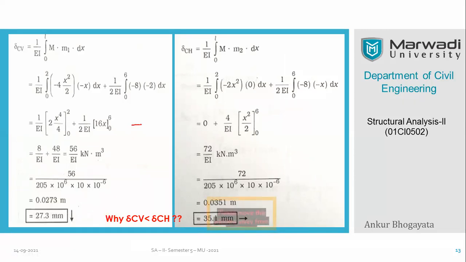You can see that segment C to B, having a length of 2 meters only, will show the deflection like this. This is a vertical deflection. So the vertical deflection is a function of this length, which is rigidly connected and supported by the vertical arm over here.